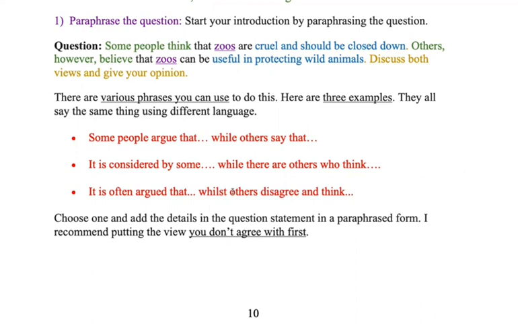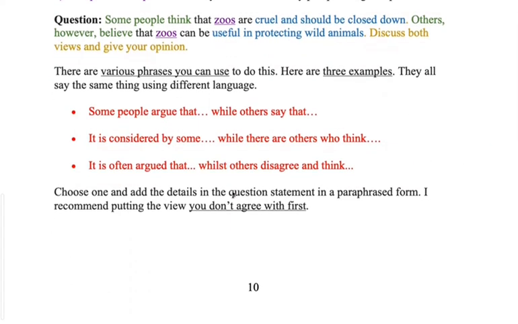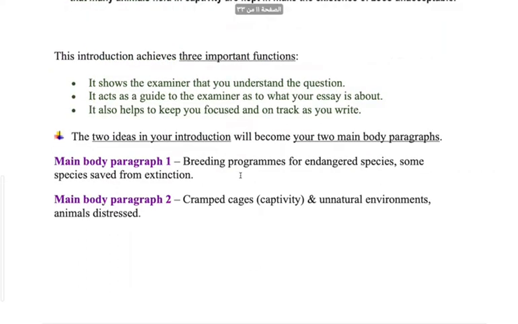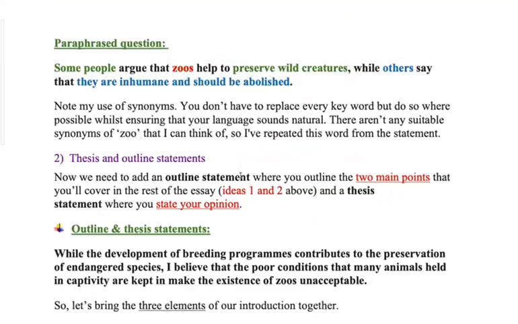If you start with the one that you agree with, then that's absolutely fine. It is entirely up to you. But to me, I think it's much easier. Okay. So at the end of the day, it's entirely up to you.